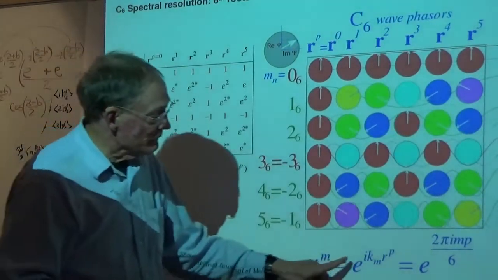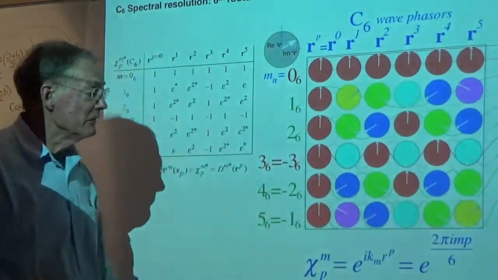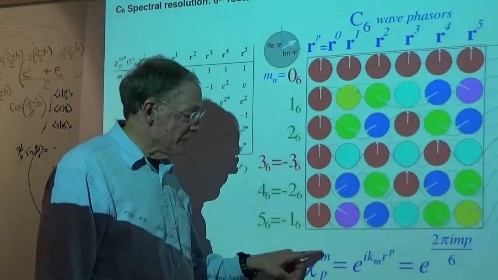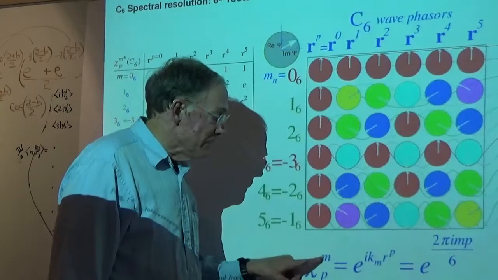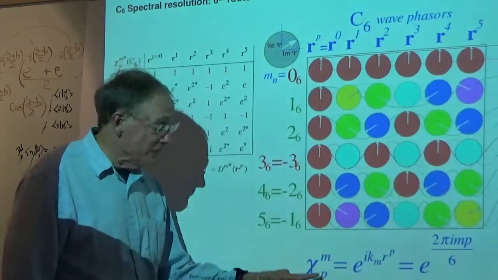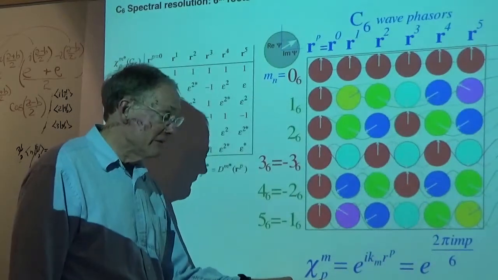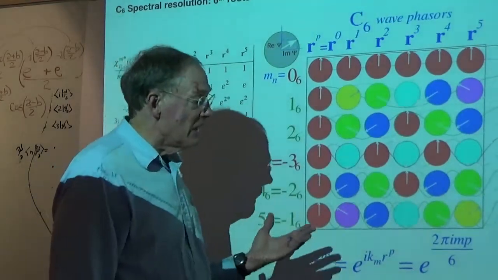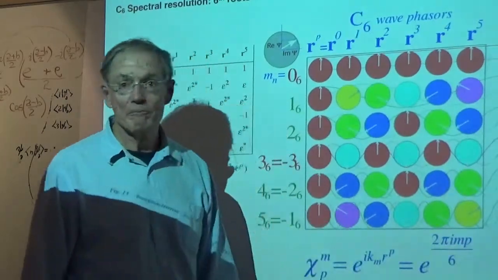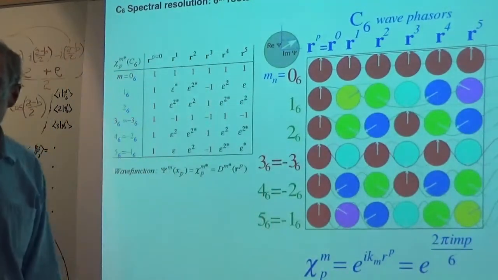Anyway, here's the formula for all the characters of the abelian family. It's really simple. Chi to the magnetic quantum number m at position p, or power p, is equal to e to the 2 pi i over 6 times m times p. Pretty simple, huh?